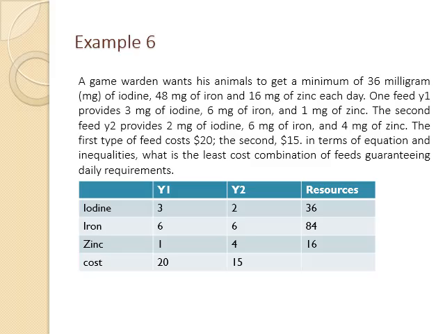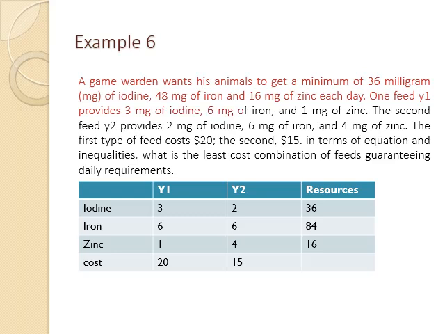Example 6. A game warden wants his animals to get a minimum of 36 milligrams of iodine, 48 milligrams of iron, and 16 mg of zinc each day.